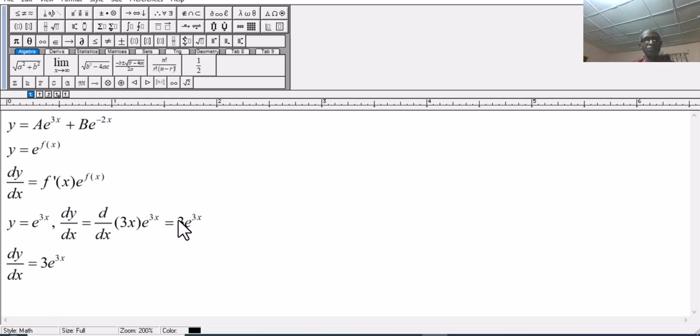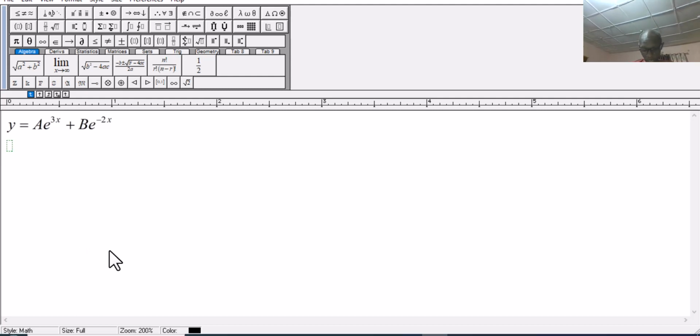Now, let's go back to our question. We don't need this example, so I'm going to delete it. We are given two constants, a and b. Since we have two different constants, we have to take the derivative two times.